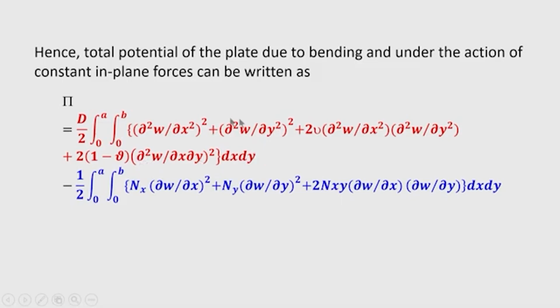The red color term is the strain energy during bending of the plate, and the blue color term is the work done due to membrane forces due to vertical displacement.